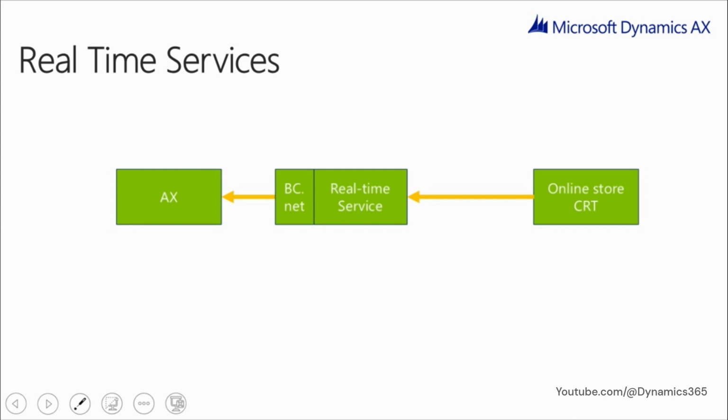Real-time service uses secure sockets layer, also called SSL, to help secure communication between the head office and the store locations. Therefore, when you deploy a real-time service, you first install a server certificate that was issued by a Trusted Certification Authority.